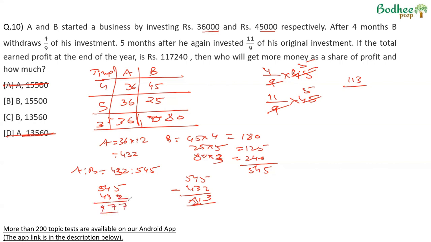That is 977. So 113/977 of 117240 will give us the answer.